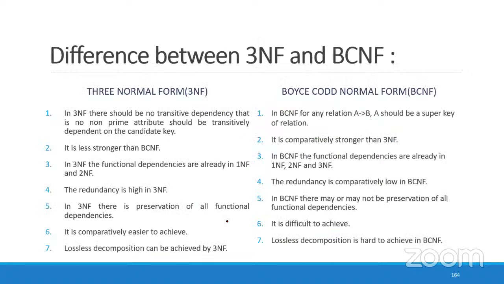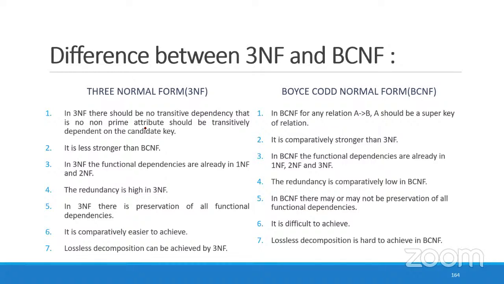Another important point: what is the difference between third normal form and Boyce-Codd normal form? First, define the third normal form. Third normal form means there should be no transitive dependency, then we can say the relation is in third normal form.